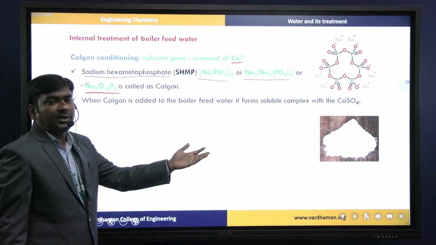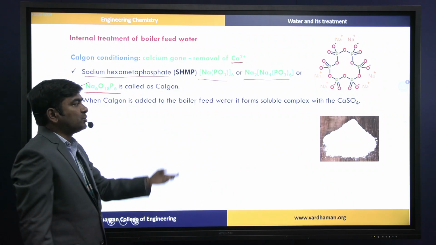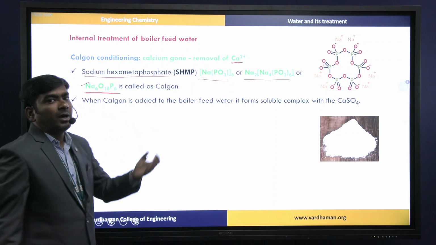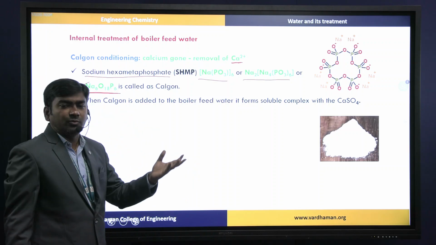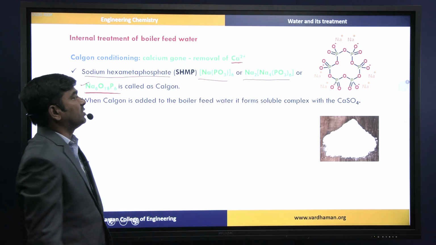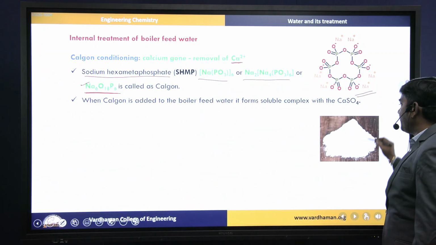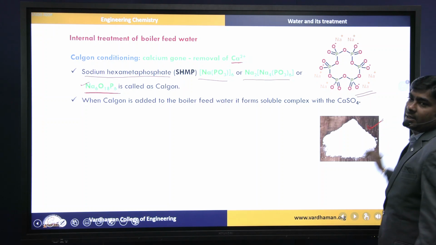It is a solid, available in the form of powder and tablets. We use this Calgon in drum cleaners of our washing machines. You can observe the Calgon structure there, and this is the powdered form of Calgon.